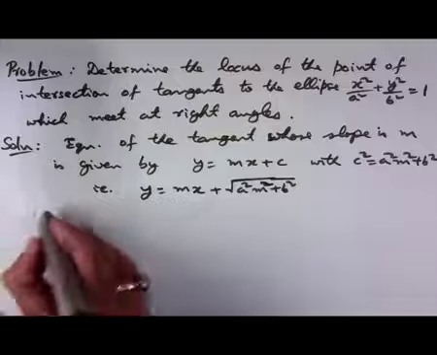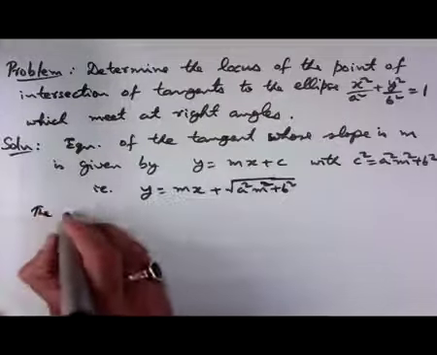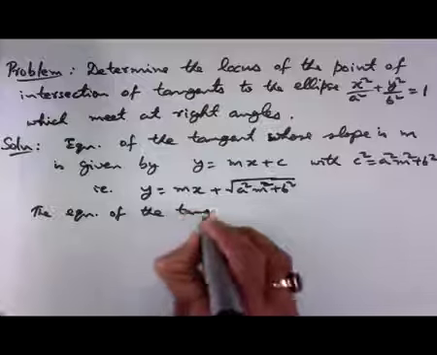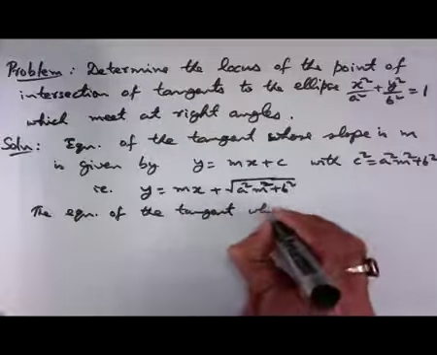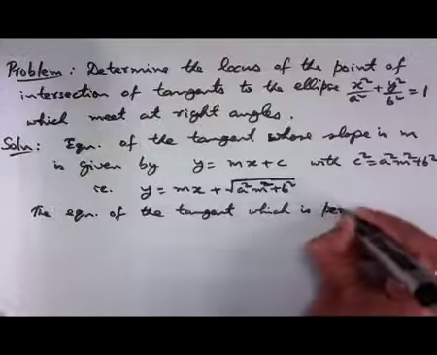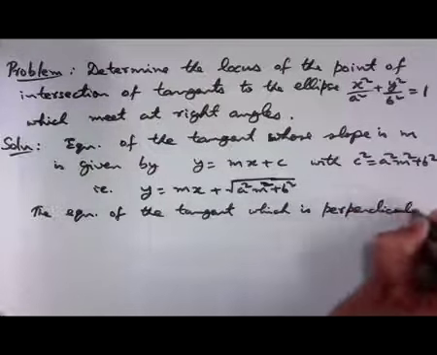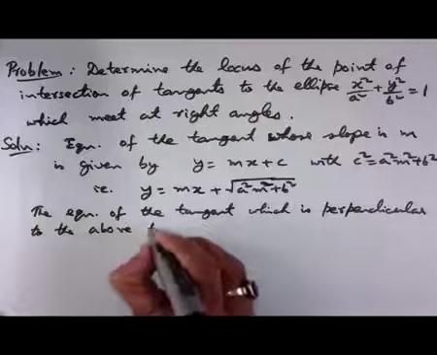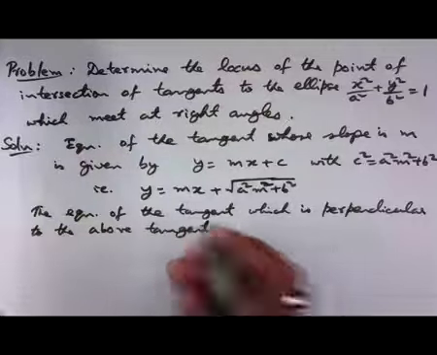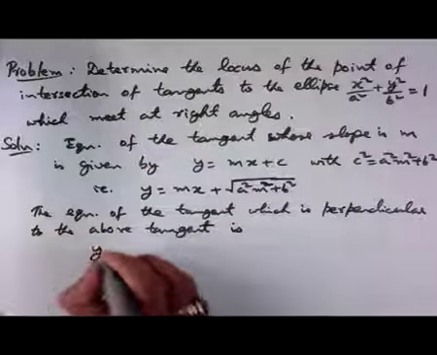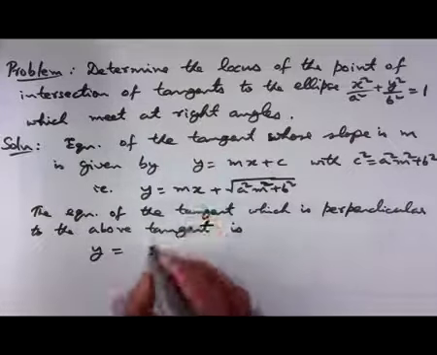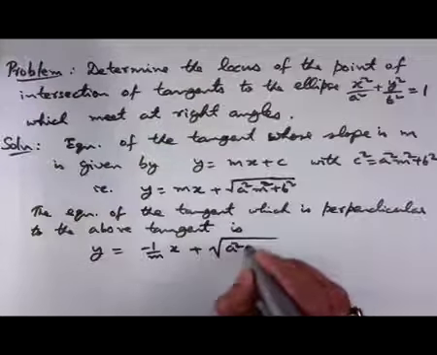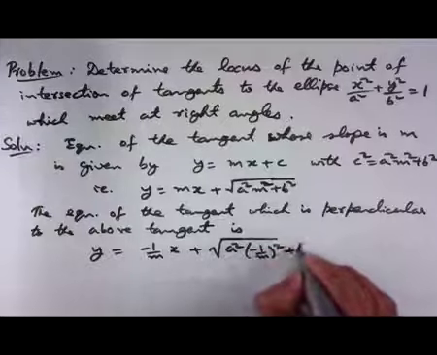So, the equation of the tangent which is perpendicular to the above tangent is y equal to, so the slope should be minus 1 by m, so minus 1 by m times x plus square root of a square times 1 by m square plus b square.